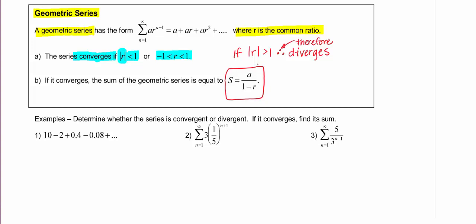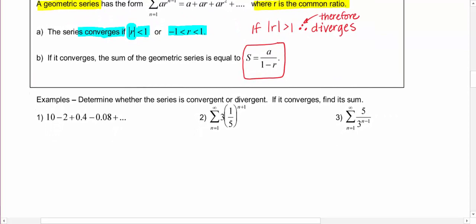We'll talk about both of those in this section. Others, we just know that it converges and we can get close. We can get within a desired level of accuracy. We'll talk about that error throughout the chapter as well: how close are you to a good approximation of that sum? But we can't necessarily get exact unless we are geometric or telescoping, and I'll show you that one probably in video 2. So here are our examples.